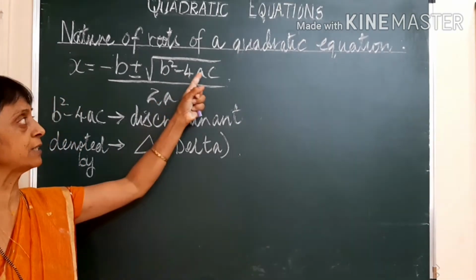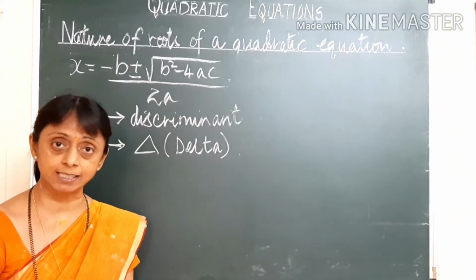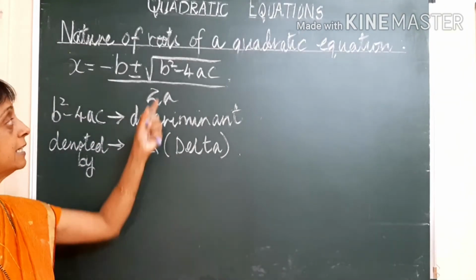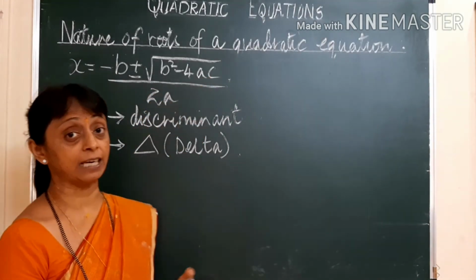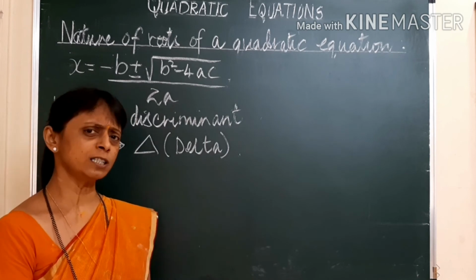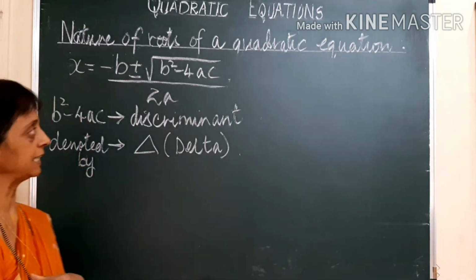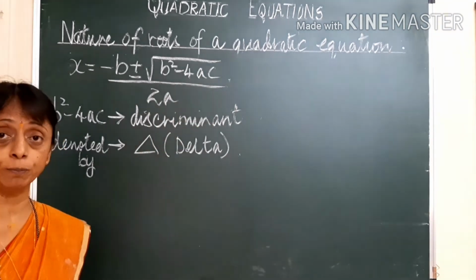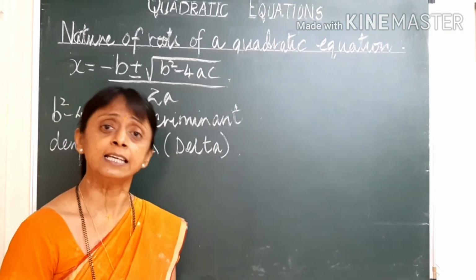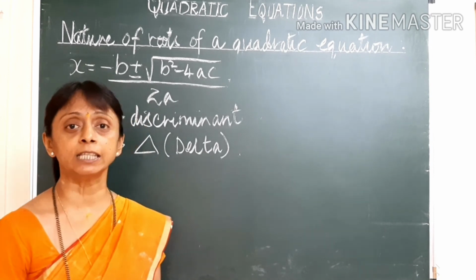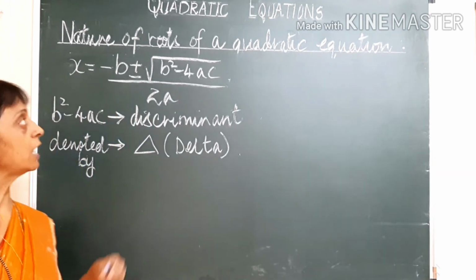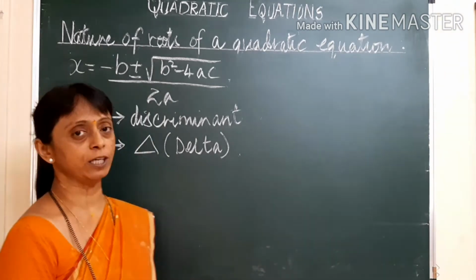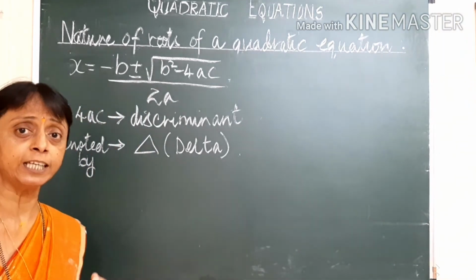Either b square minus 4ac is 0, or a positive answer, that means greater than 0. Or the third possibility, b square minus 4ac is a negative answer, that means less than 0. So depending upon these three possibilities, you get the nature of roots of a given quadratic equation. So let's decide what the nature will be.